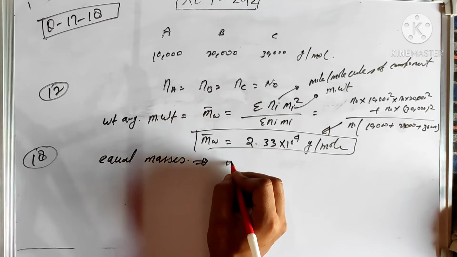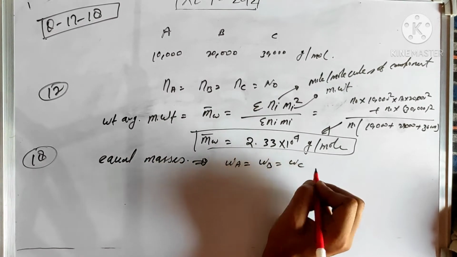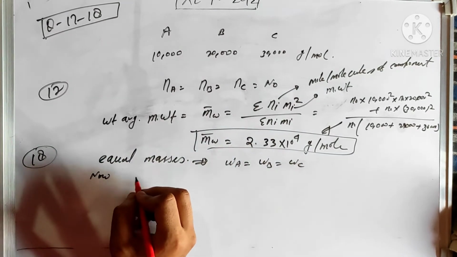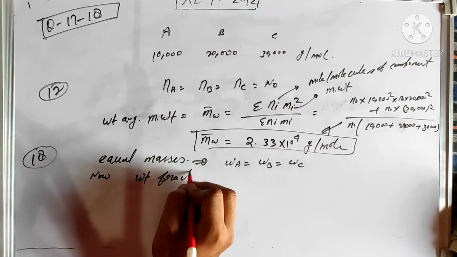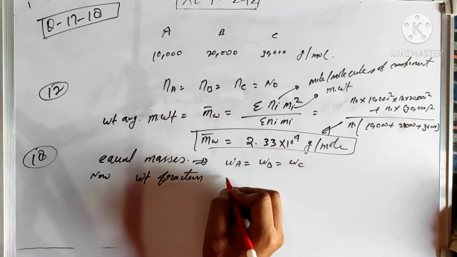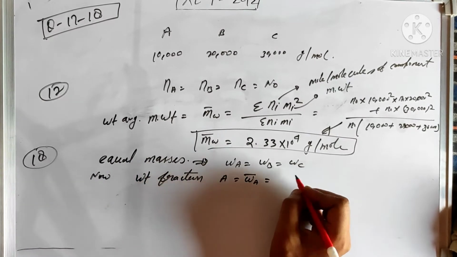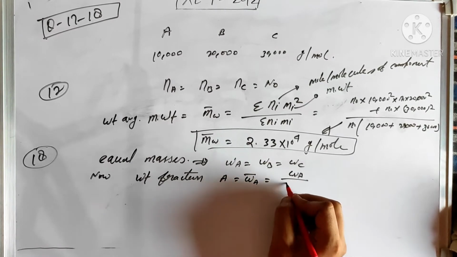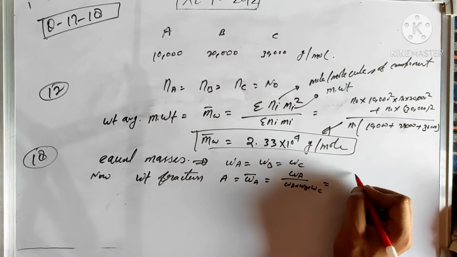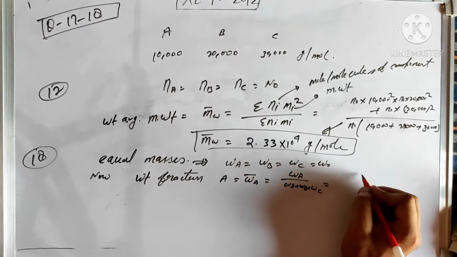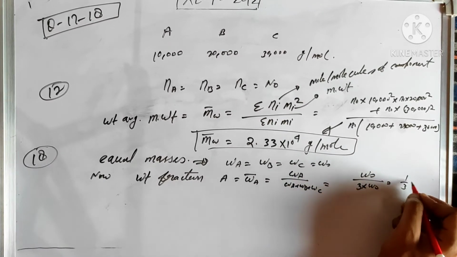That means the weight of A must be equal to the weight of B, which is equal to the weight of C. So now calculate the weight fraction of component A. WA is equal to weight of A divided by weight of A plus weight of B plus weight of C. Then it is equal to omega naught divided by 3 times omega naught, which is equal to 1 by 3.